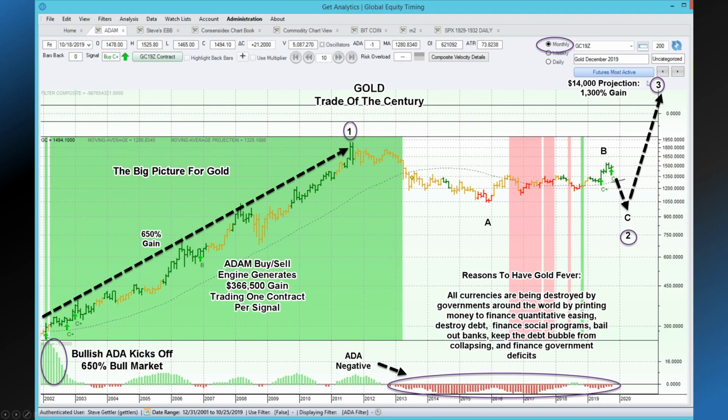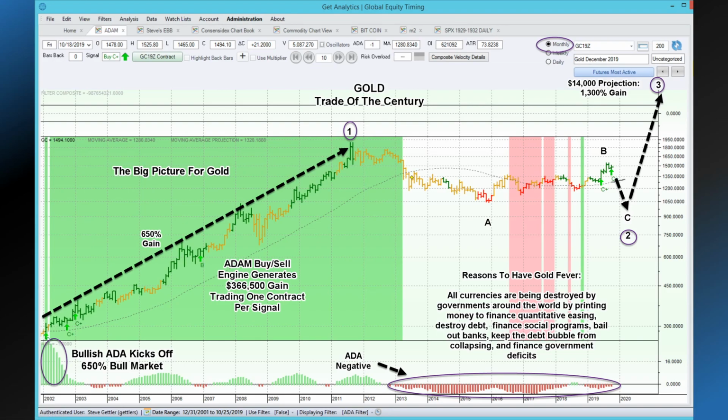Wave 3s are always bigger than the tops of wave 1s. Therefore, if we just double the move up, instead of a 650% gain, we say it's going to be a 1,300% gain. We're looking at a projection of 14,000 from perhaps the area of 1,000 to 1,050, clear on up to 14,000. It'll be a huge, huge move.